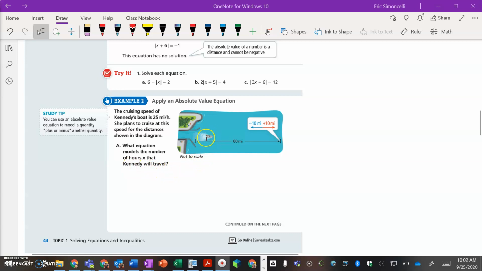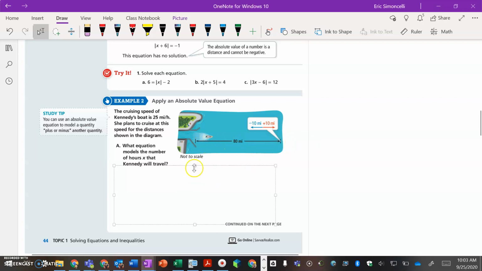Here is Kennedy, so she's traveling to the right. She is 80 miles from her destination, and we're going to go ahead and decipher when she is 10 miles left of the destination and also 10 miles right of the destination. In other words, when is she within 10 miles of her destination? Presently, she's 80 miles away.